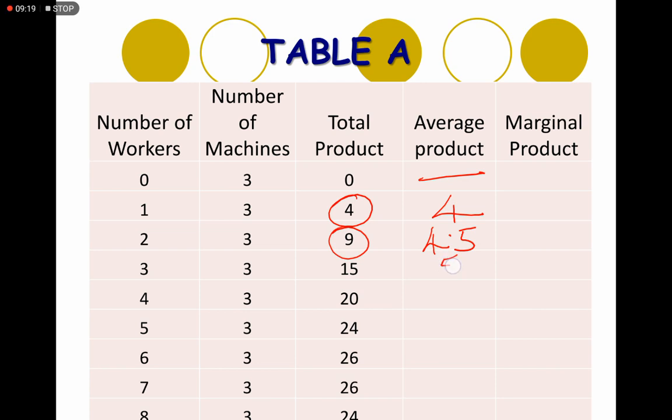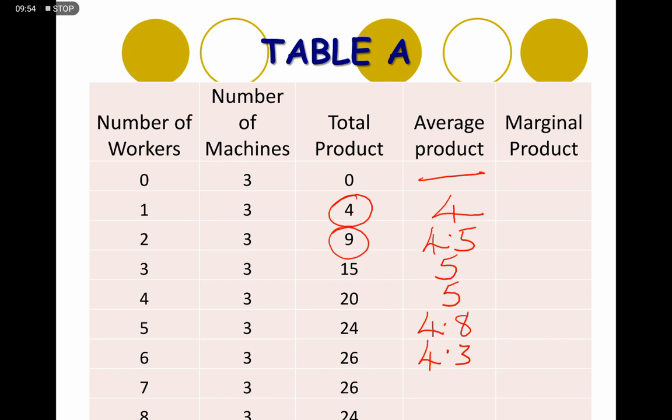You can see how this pattern. 5, and then here we've got 4 workers making 20, gives an average of 5. 5 workers making 24 is an average of 4.8. 6 workers making 26 is 4.3 roughly, I think. 7 workers making 26.